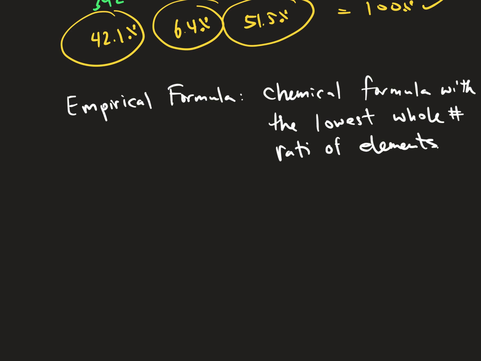Do you remember? Multiplication? Not quite. Does it sound like the chemical formula for an ionic compound, which has to be written in lowest whole number ratio? We have to simplify ionic compounds, right? So the empirical formula for an ionic compound is the same as the chemical formula, or we call it the molecular formula. But for covalent compounds, it's not necessarily the same. Sometimes it might be.